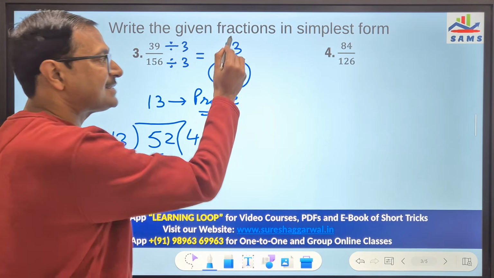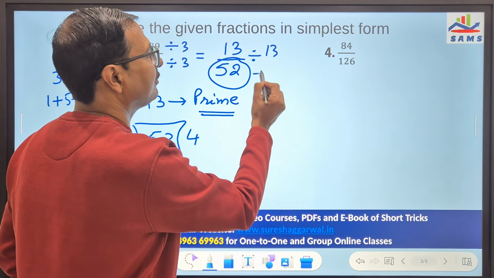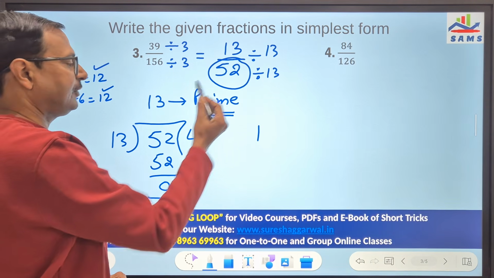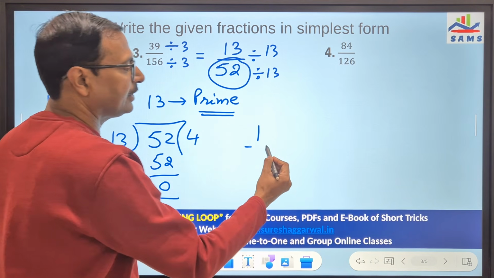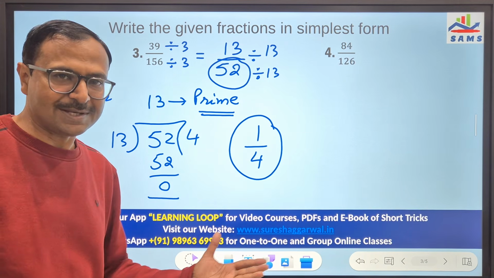So 13 is a common factor between them. So when you divide by 13, you will have your final answer, because you will have 1 in the numerator and 52 divided by 13, 4 in the denominator, and this is the simplest form of 39 over 156.